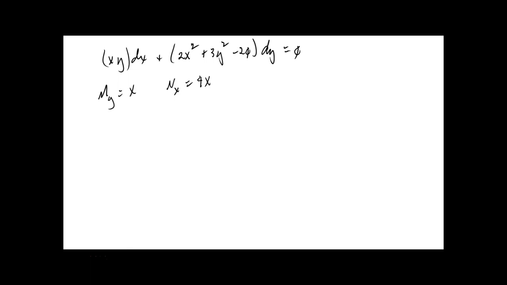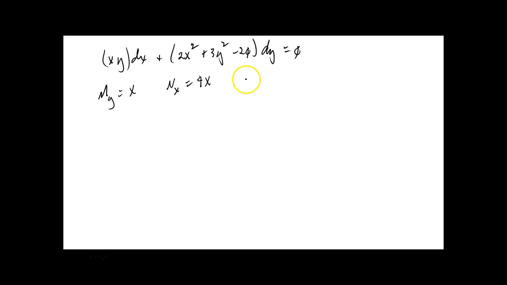No. In fact, we mess up our y's. But if we do the second one, which is the partial of N with respect to x minus the partial of M with respect to y, that will give us 3x, right? Divide that by xy, and you wind up with a function of y alone. Yes, that's the way to go. So we're going to do the second case.